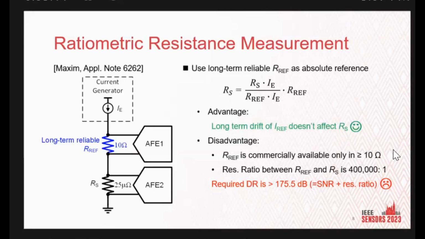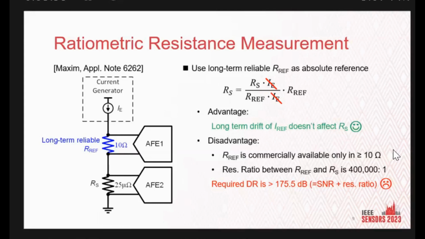The advantage of this method is that the FE measures them synchronously. The noise and drift of the excitation current are rejected. Therefore, a long-term drift of the reference current doesn't affect the measured shunt resistance.